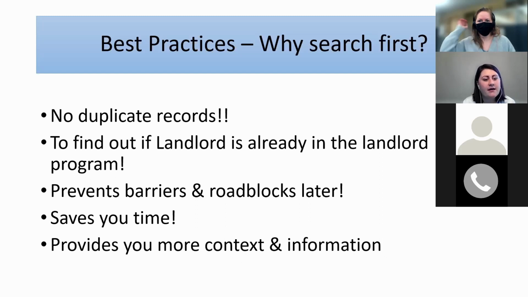And so if they are being served by another program type, by searching, you are eliminating those issues for yourself in the future. And so it is critically important that you search, that you double search, and that you triple search, and that you do this in a couple of different ways, just to make sure we are not duplicating effort, and we are serving as many people as possible to keep as many people housed as possible. That is ultimately our goal.